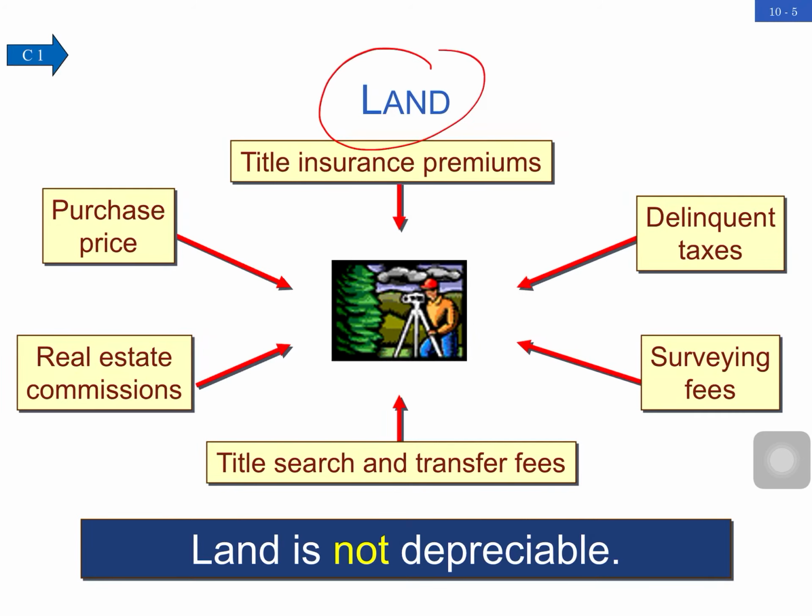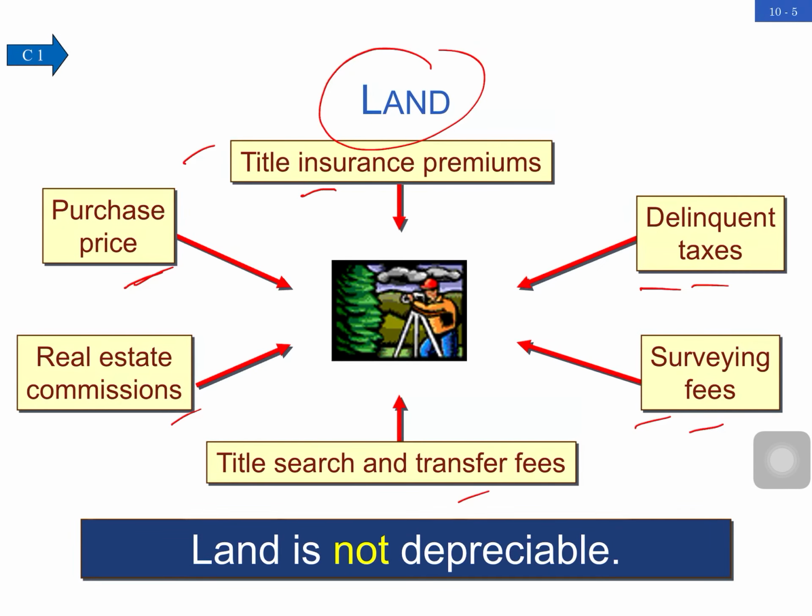And then we have land. When you buy land, all these things are included in the cost of the land: the title, insurance, purchase price, surveying, taxes, and so on. But remember, land is not depreciable. Depreciable means declining in value because of time.